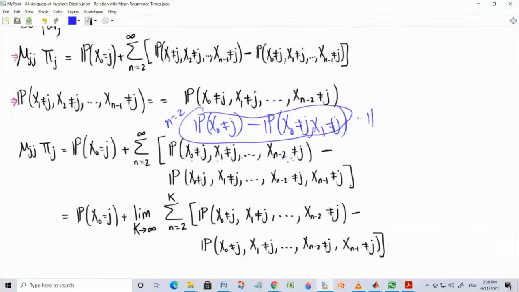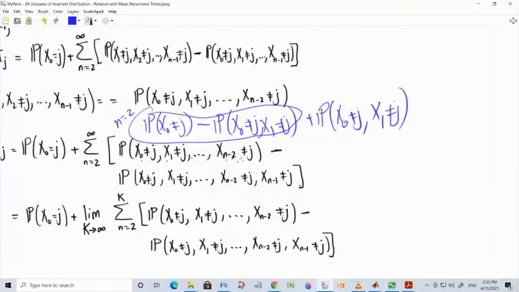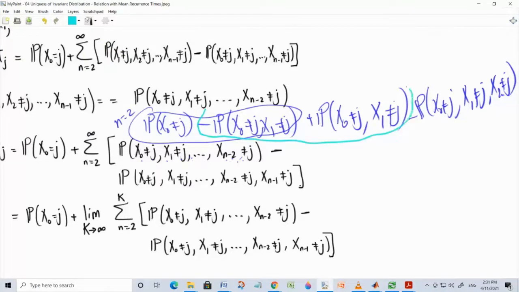In this one, if n is equal to 3, this will be x1, and then the second one, n is equal to 3, so we will go all the way to x2. And here is the telescoping. These two guys appear one with a minus sign and the other with a positive sign.